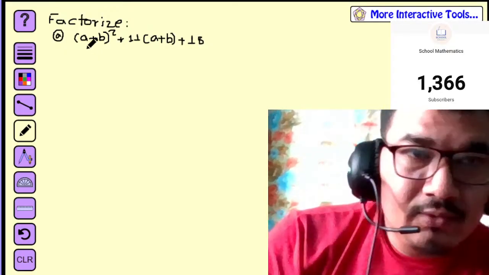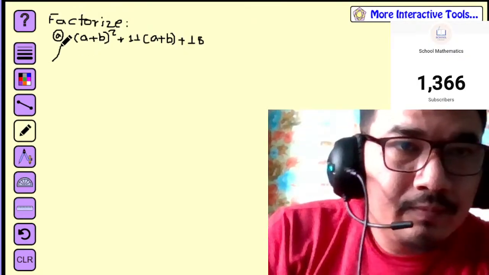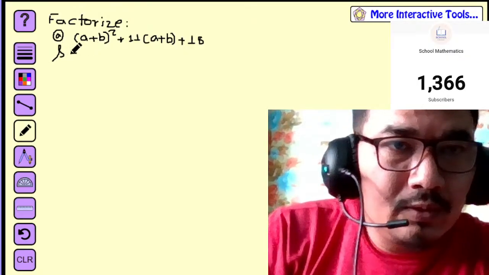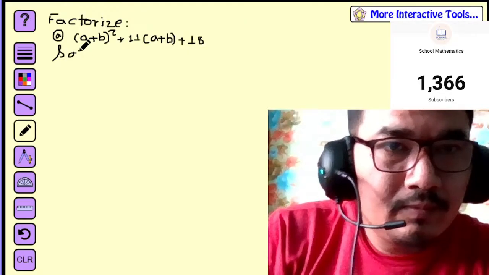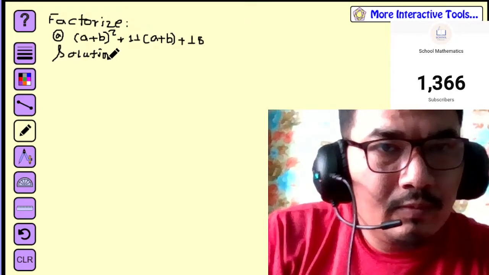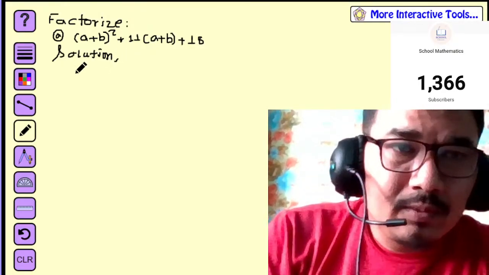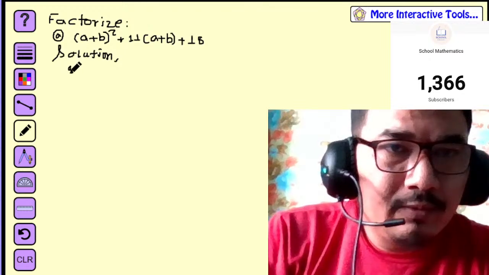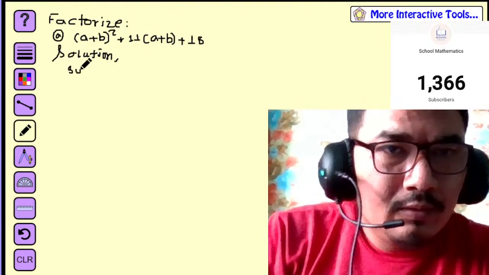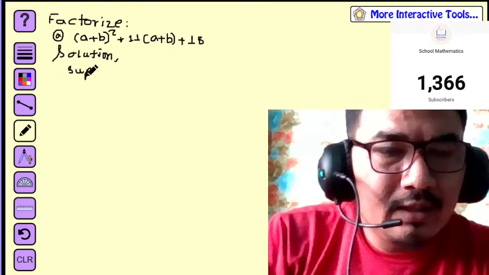Here you can directly factorize this also. Or you can suppose in the solution. First of all, we have to suppose.